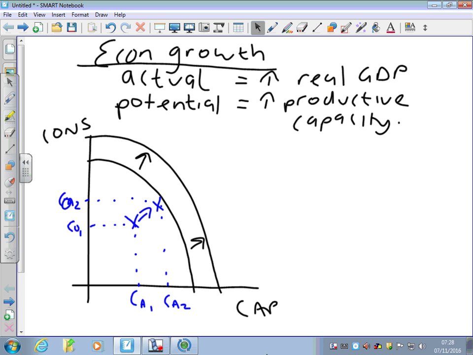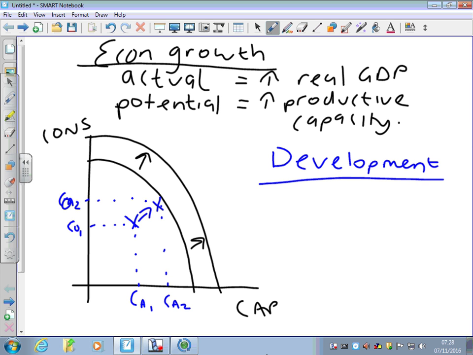Now, economic development is different. Development is about living standards. Now, this is a much more complex thing to try and measure because ultimately, living standards is made up of lots and lots of different variables.